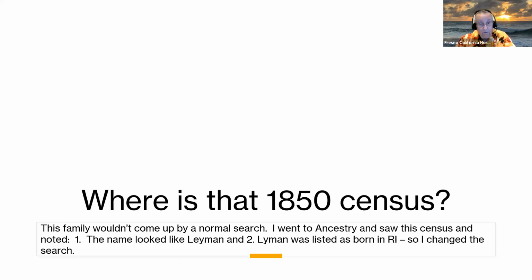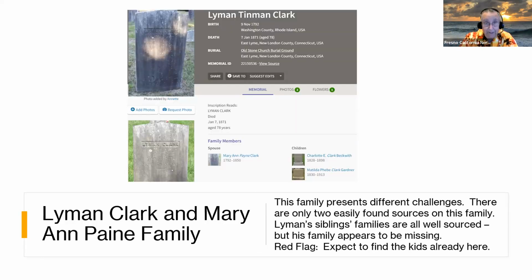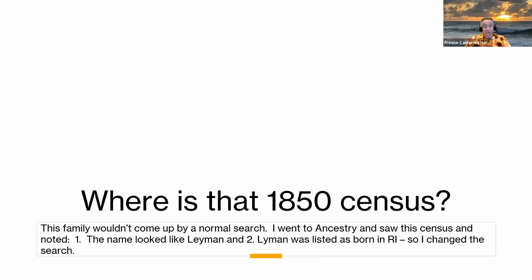So he was alive until 1871. So I'd like to see the 1850 census, but I can't find it. I go on FamilySearch and I search. He's going to be alive for 21 more years. Where in the heck is he? So I use my investigative skills and I go over to Ancestry.